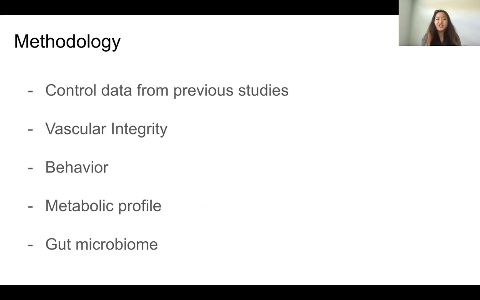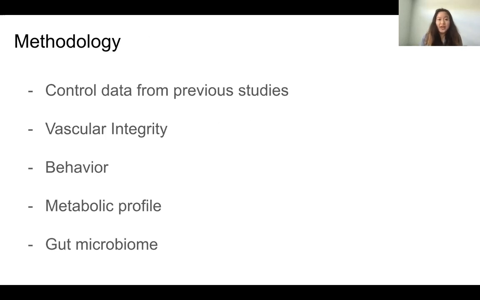The methodology that I used, because I'm trying to find those baseline differences, was control data from previous studies. There have been a lot of studies looking at specific pharmaceutical or dietary preventions of Alzheimer's disease. Because I'm not looking for a specific treatment or therapy, I can just use the control data from previous studies.